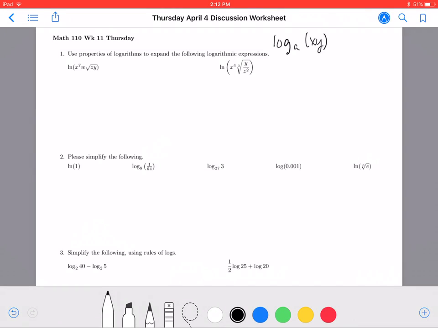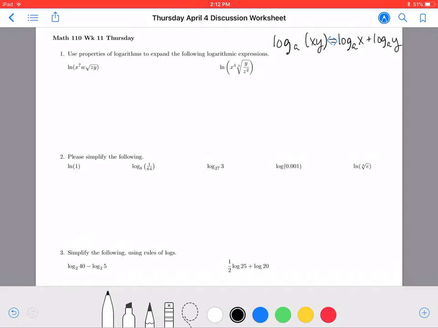If we have two values within a log that are being multiplied together, I can expand those out as log base a of x plus log base a of y. So each value goes within a new log. The base of that log is the same for both of them. And know that this goes in both directions. So if it's adding together two logs, same base, I can write it as a single log where they're multiplied.